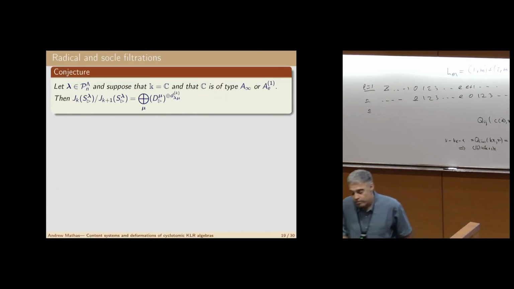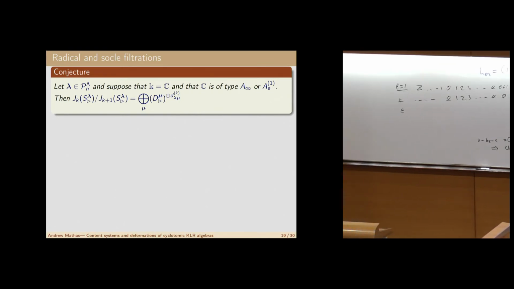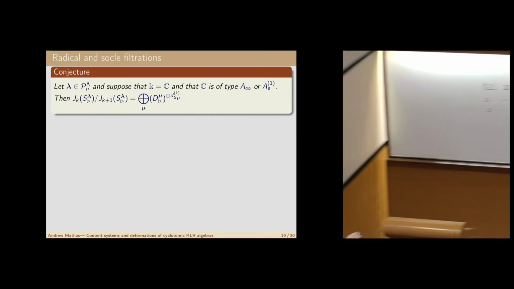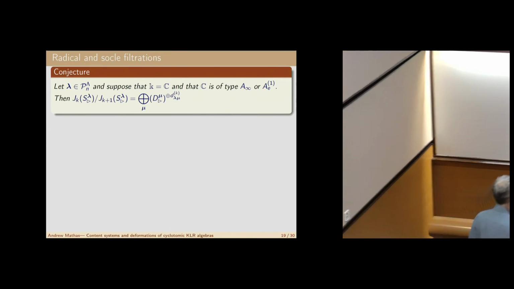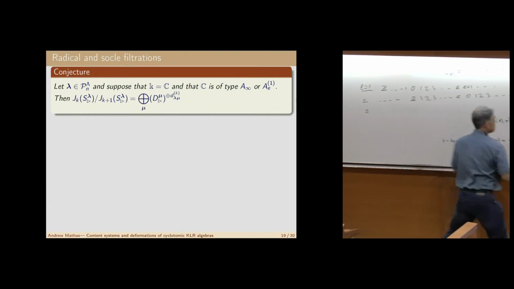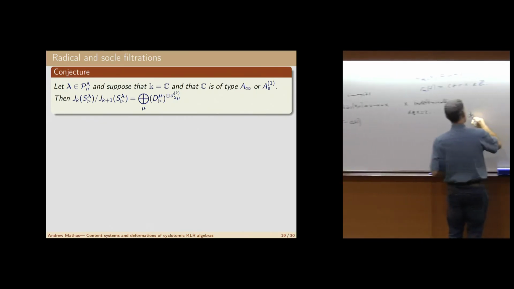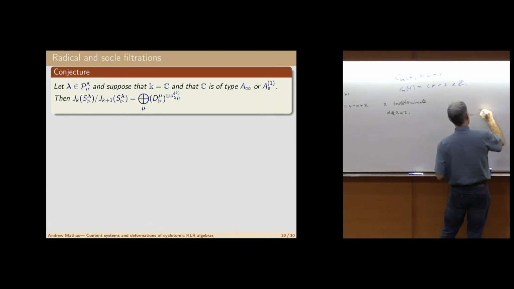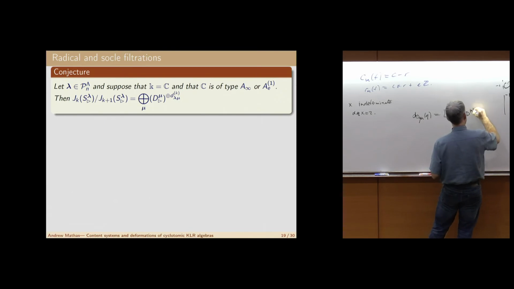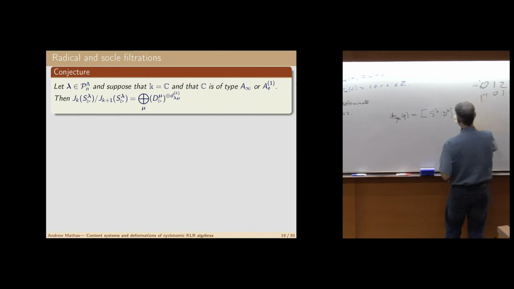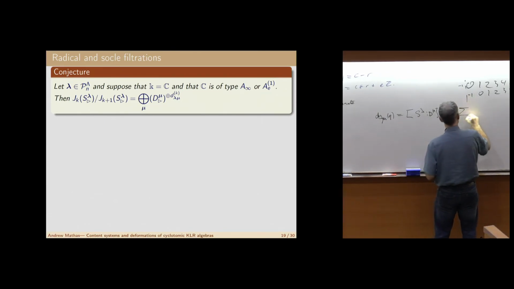So one thing which I have thought I've proved several times, but I keep on finding gaps, is that if I take the quotient of the kth piece by the k plus first piece for the Specht modules in these filtrations, what I should get, I forgot to define them. If I take the graded decomposition numbers, so this is just the multiplicity downstairs of a simple module in a Specht module, which I think we've seen defined already.